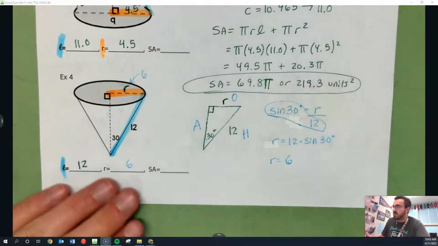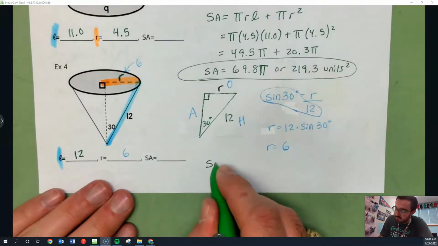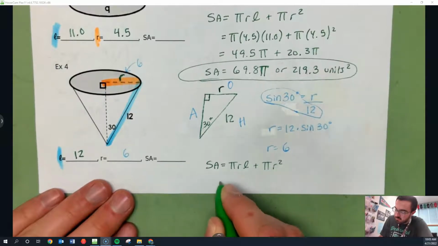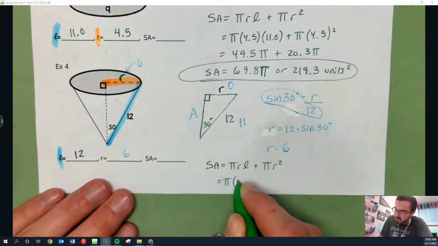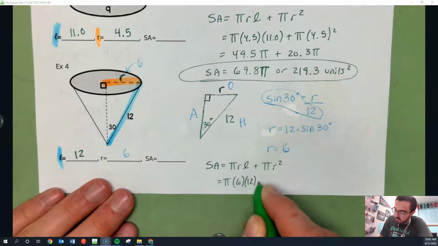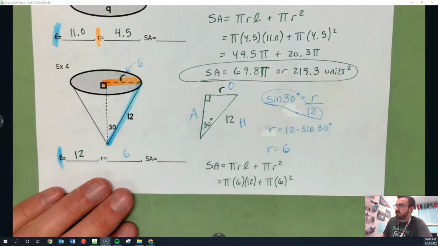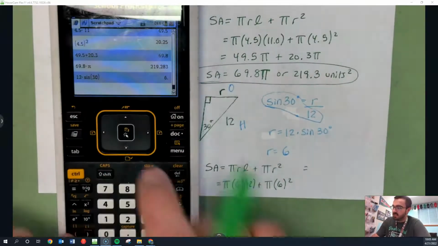Okay, so let's rewrite our formula. Surface area equals pi RL plus pi R squared. Pi times 6 times 12 plus pi 6 squared. Okay, let's see what we get. I like to do my method.